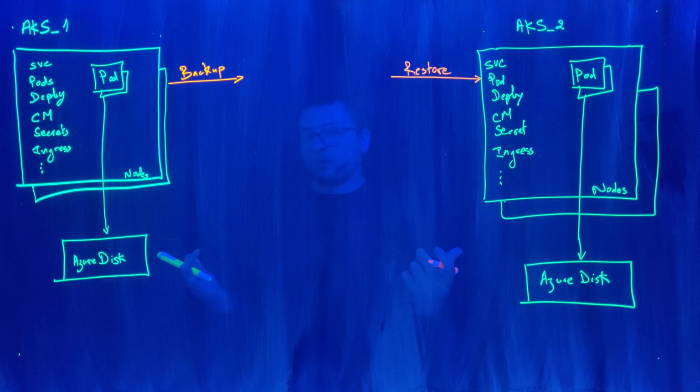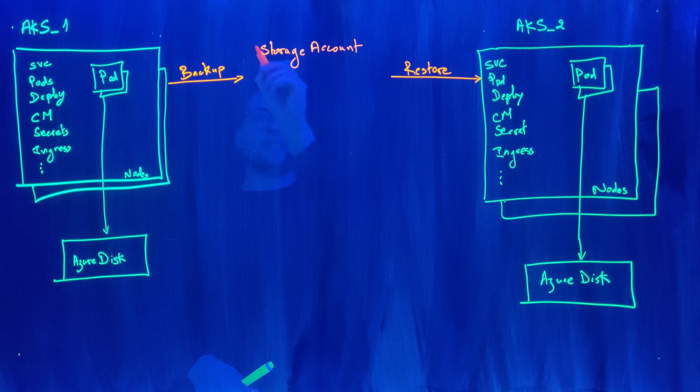So the tool that we'll be using is the AKS backup. AKS backup will use 2 Azure services. First of all is the storage account. We need to have a storage account, and we'll see in a moment why.